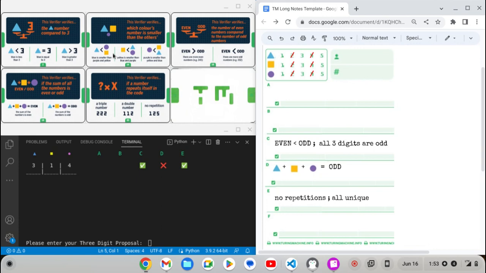So notice that, well, we do have criteria card A that'll let us know essentially what the value of triangle should be. Should it be a 1, 3, or a 5? And so then criteria card B will basically give us the smallest value, and then the third one should basically be whatever is remaining out of those odds.